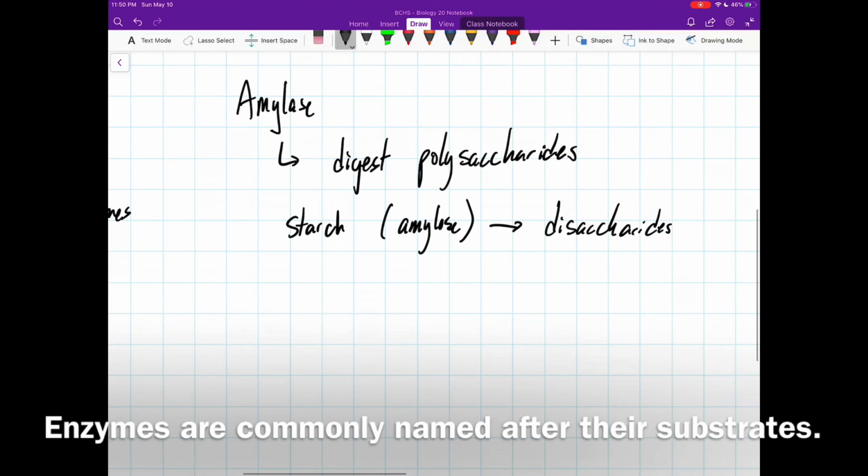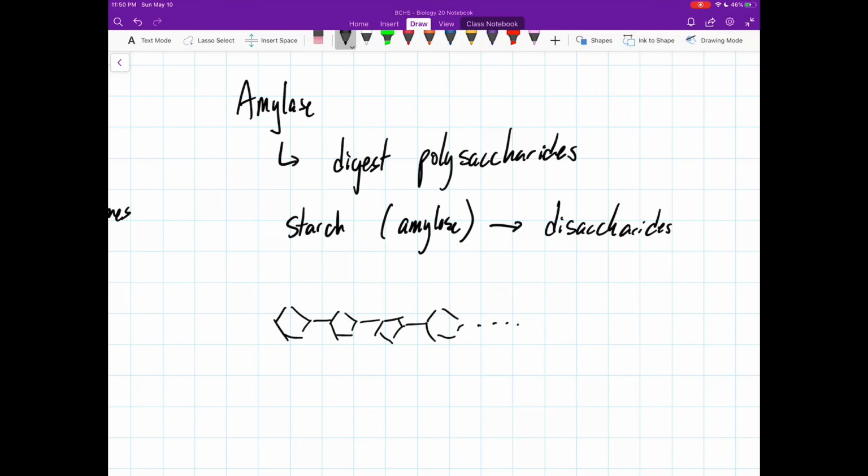So imagine a big long chain of amylose or starch, whatever it is. And I don't know why my drawing is so messy, but this goes on forever. Amylase, all enzymes are usually named with an ASE. Like I said, most enzymes, if it ends with ASE, it is an enzyme. And amylase will come in and act on the chemical bonds, and it will break it up.